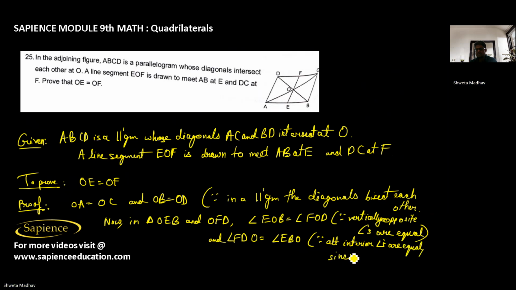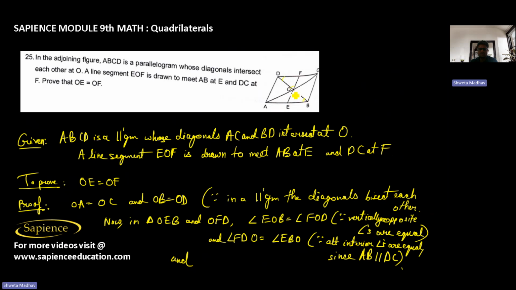since AB is parallel to DC and BD is the transversal. So we have shown these two angles are equal, and these two angles are equal.